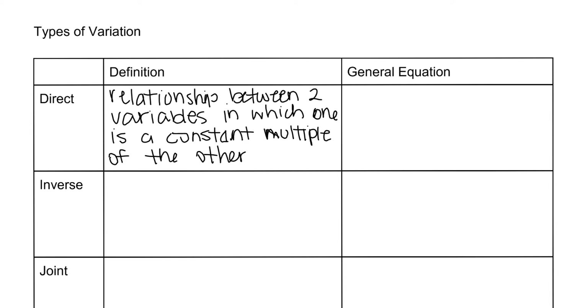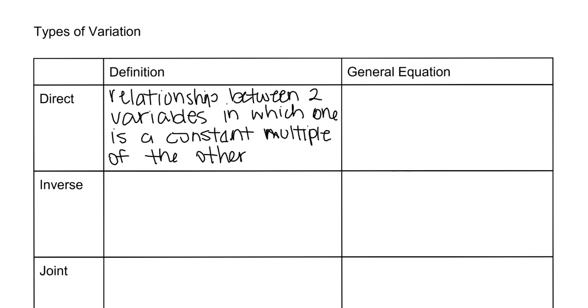The most common type of a direct variation example would probably be an example of hourly wage. So you work X hours, you earn $9 an hour. Depending on the number of hours you work, the relationship between your take-home pay and the amount of hours you work is a constant multiple of whatever that hourly wage is.